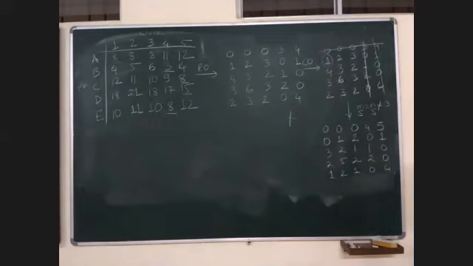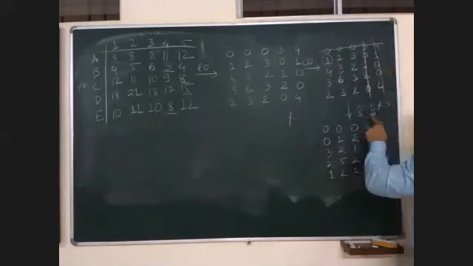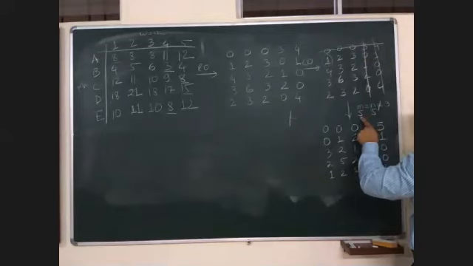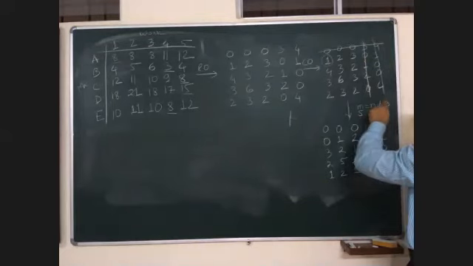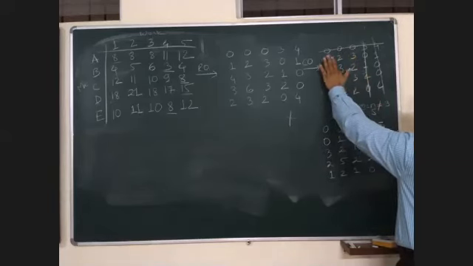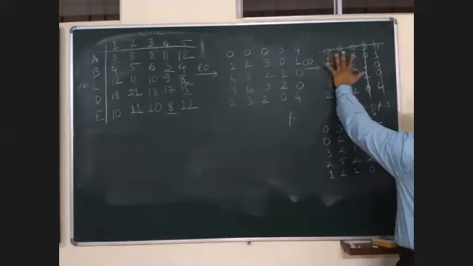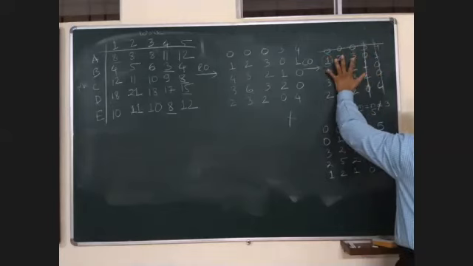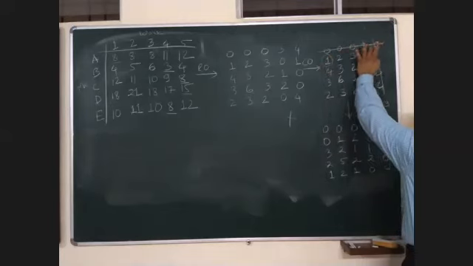Clear to all? I repeat, we get only 3 lines. We are expecting 5 lines, right? But only 3 lines we got. So from the open numbers, choose the minimum number, subtract that minimum number from all open elements, and add at the crossing.